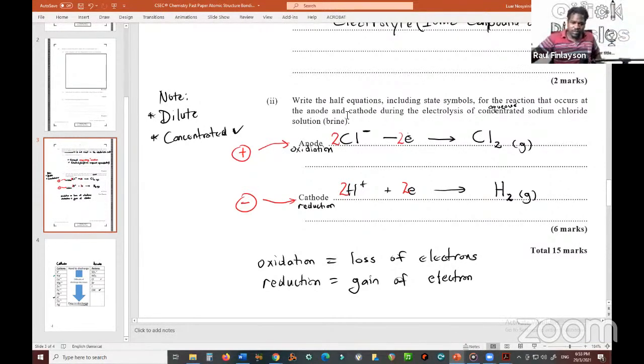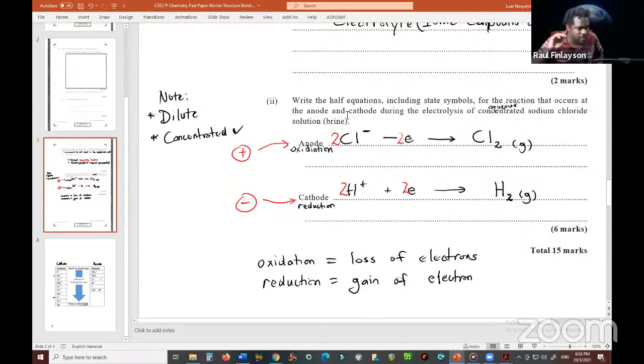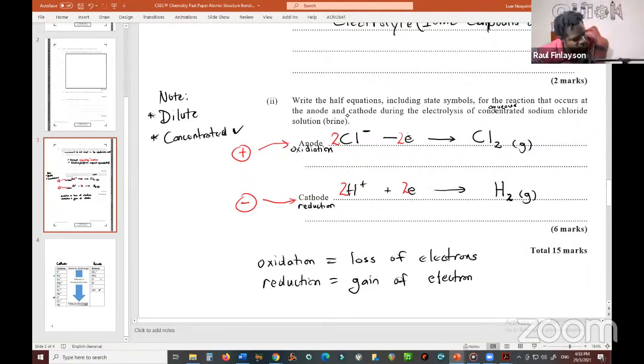As you can see from the syllabus, guys, there are 11 important things to learn about electrolysis. This is one of them, how to write equations. This is very major. And also it is tied in with oxidation and reduction. Know those definitions, guys. We'll talk more about this on Wednesday.